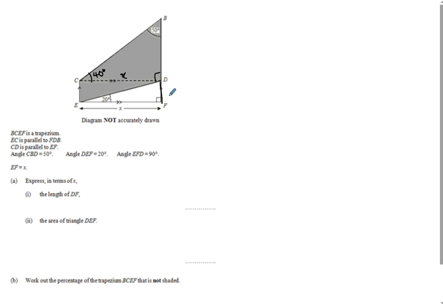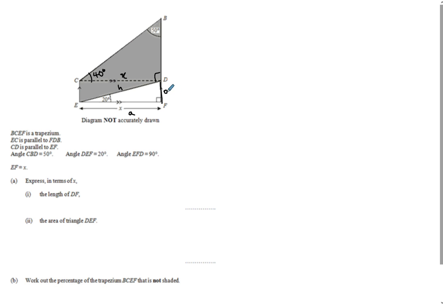Again, you can tell it's to do with right angle triangles, so it's trigonometry. So let's label. That's our H. That's our O. And that's our A. Okay, how do we find the length of DF?